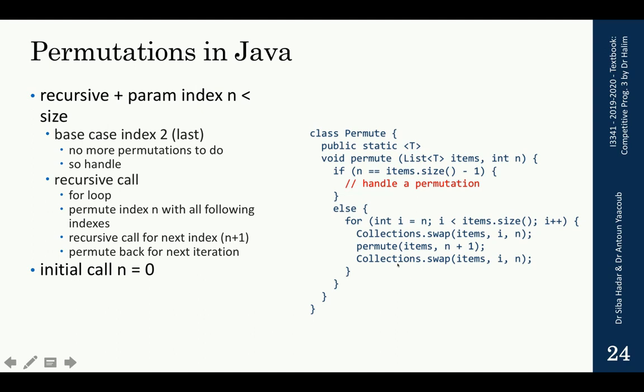Why swap back? Because for the next iteration in this loop, I want everything to be untouched, so that I can cover all the cases. I call this function with an initial value for n equal to 0, which is the iteration 0.